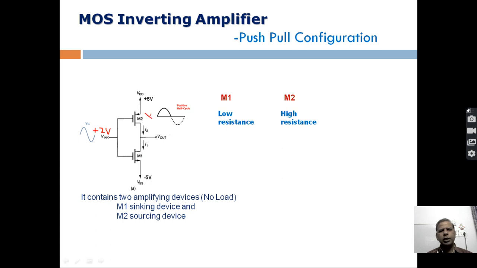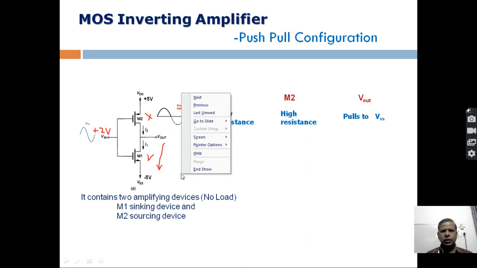So less conductance or less current is possible through this, while M1 offers a very low resistance path, so high current is possible through this device. So you can say that because of the more conductance provided by M1, the output is pulled towards the VSS like this, and the conductance here is very less, so the output is more towards this VSS side.